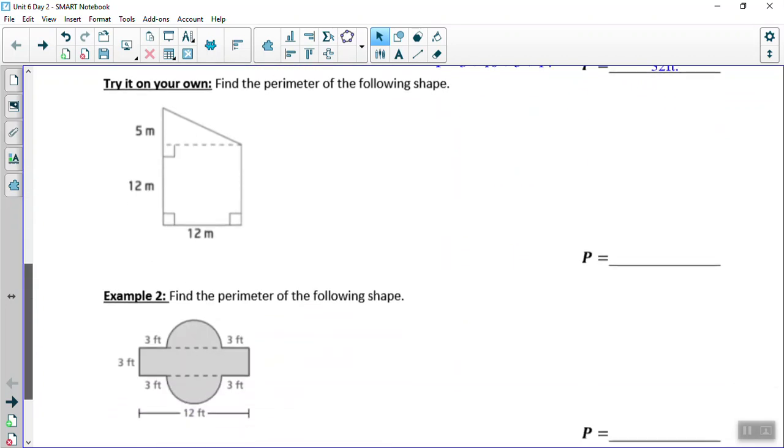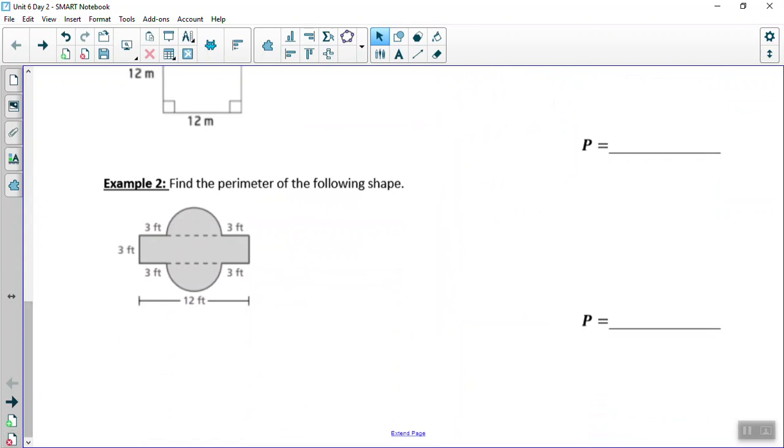Okay, let's try another problem. We're going to do one more example, and then you have 2 try-on-your-own problems to complete before next class. Here we have a shape, and we're going to find the perimeter of this interesting looking shape. They've already drawn some lines in for us. We can tell these 2 lines split this shape up into a rectangle and then 2 semicircles.